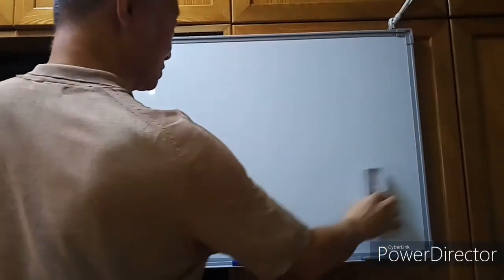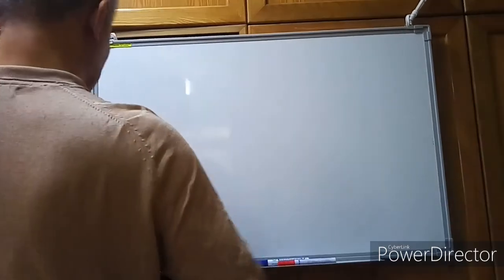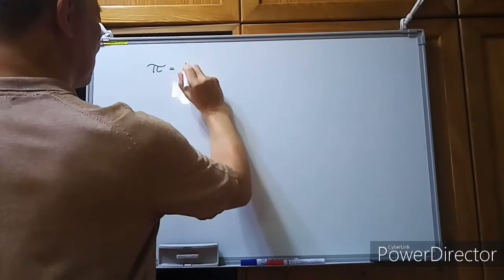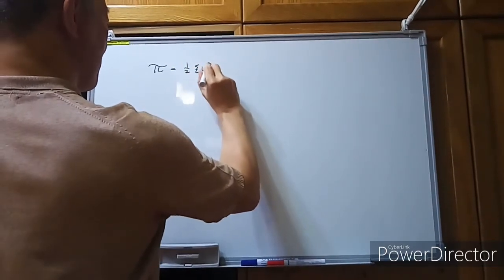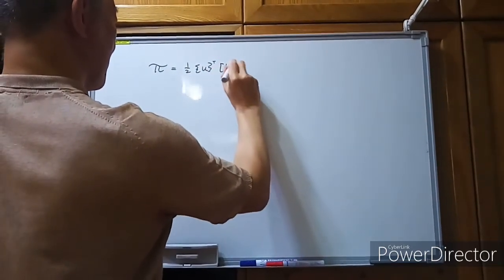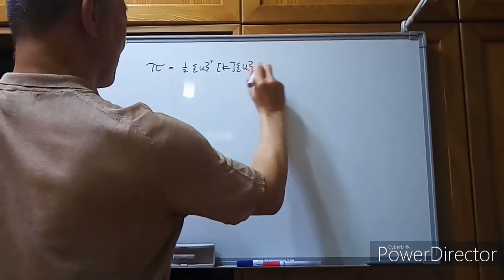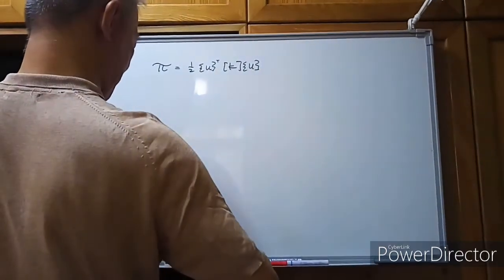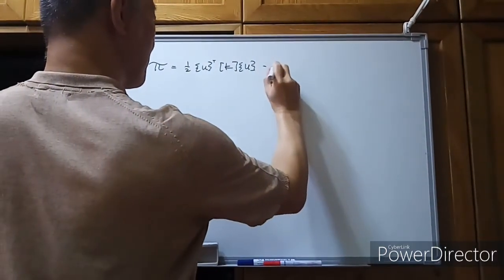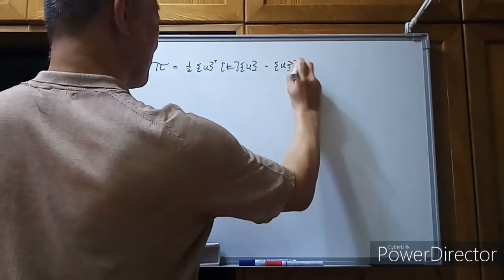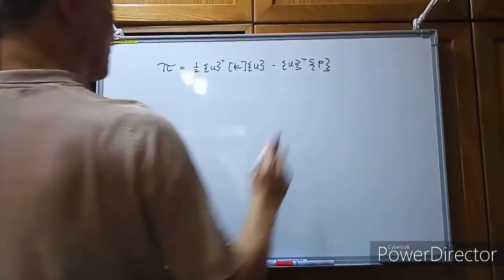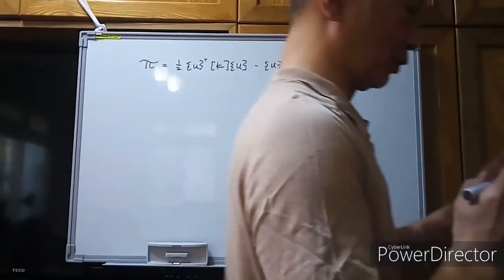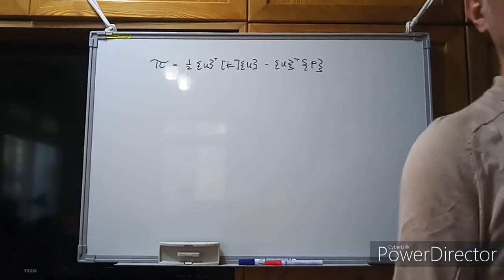After we finish all these procedures, what is the total strain energy? Right now all vectors and all matrices are the global vectors and the global matrix.